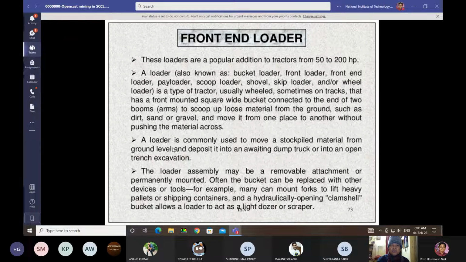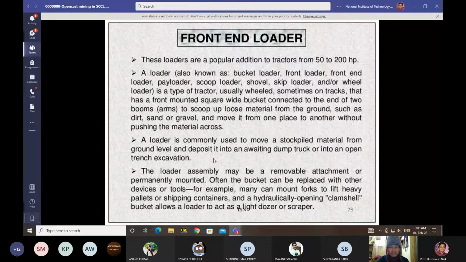So the front end loader is commonly used to move a stockpiled material from ground level and deposit it into an awaiting dump truck or into an open trench excavation.